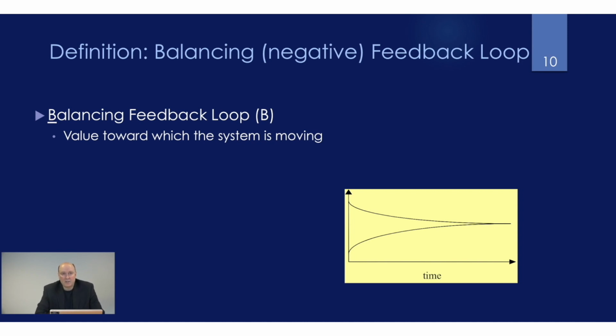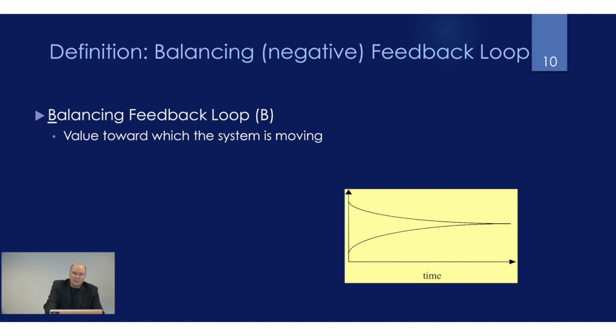Now, there's another type of loop which is called the balancing or negative feedback loop. The balancing feedback loop, represented by the letter B on an influence or causal loop diagram, is the value towards which the system is moving, typically towards some sort of goal or goal-seeking or equilibrium value within the system. And therefore what we see is the path of a variable is going to try to adjust to a given value, upward or downward, depending on where it's located at the start of the simulation.